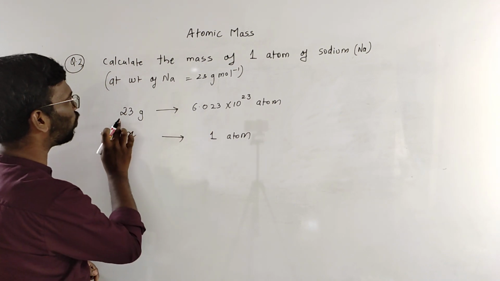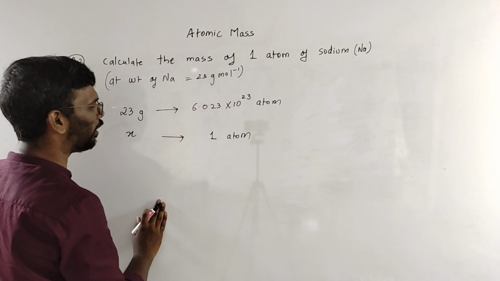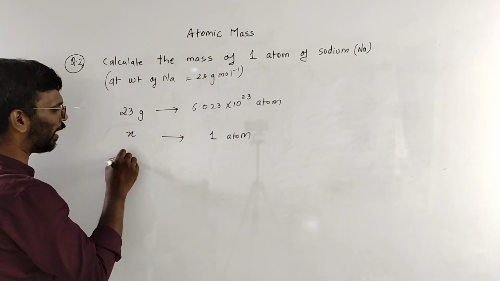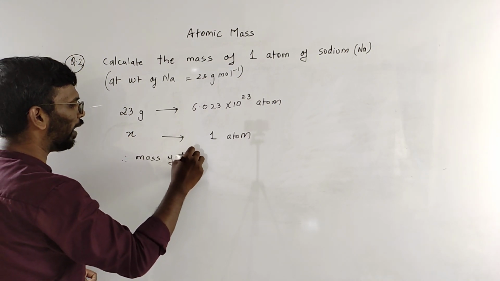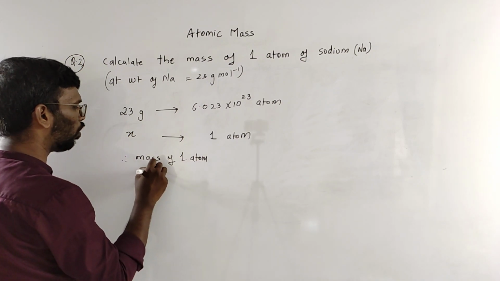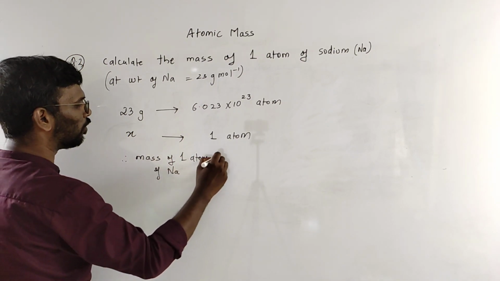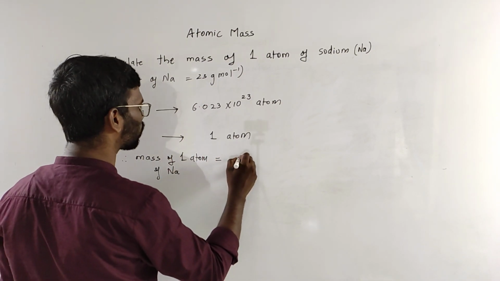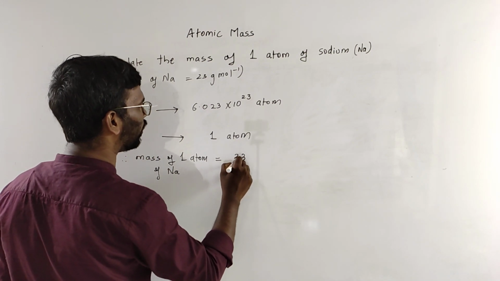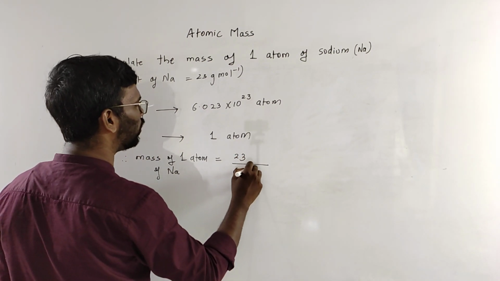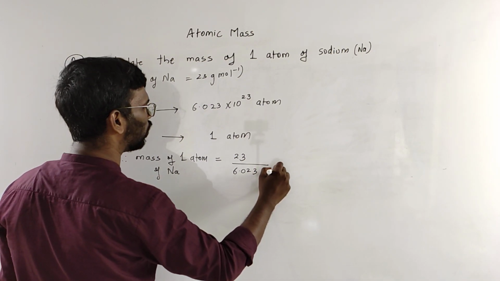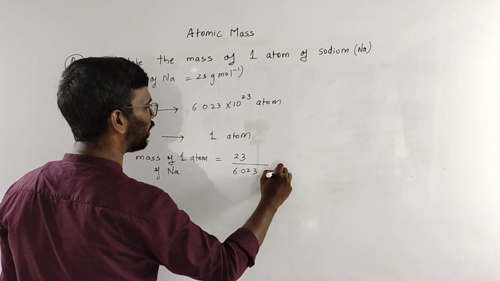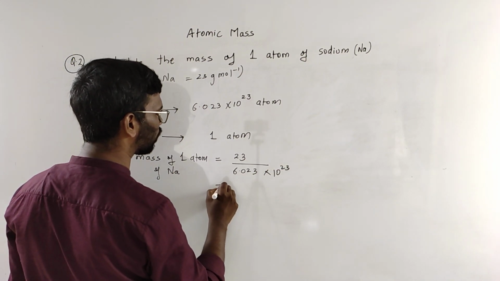We know the mass of 6.02 into 10 raised to 23 atoms. So the mass of one atom of Na will be equal to 23 divided by 6.023 into 10 raised to power 23.